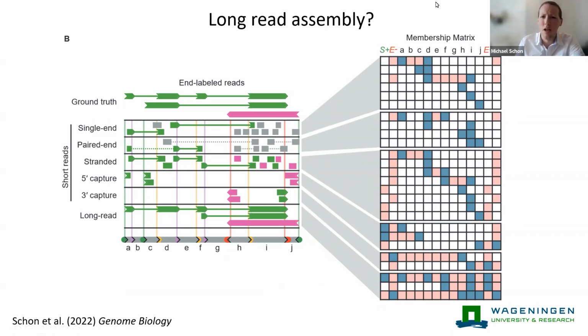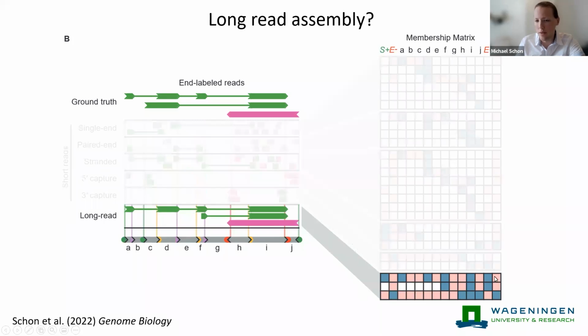In contrast, long reads will simply be full paths in the graph. If they connect a start to an end, and specifically a cap to an end, then they represent a full path in the matrix, and there's no chance of them being misassembled.